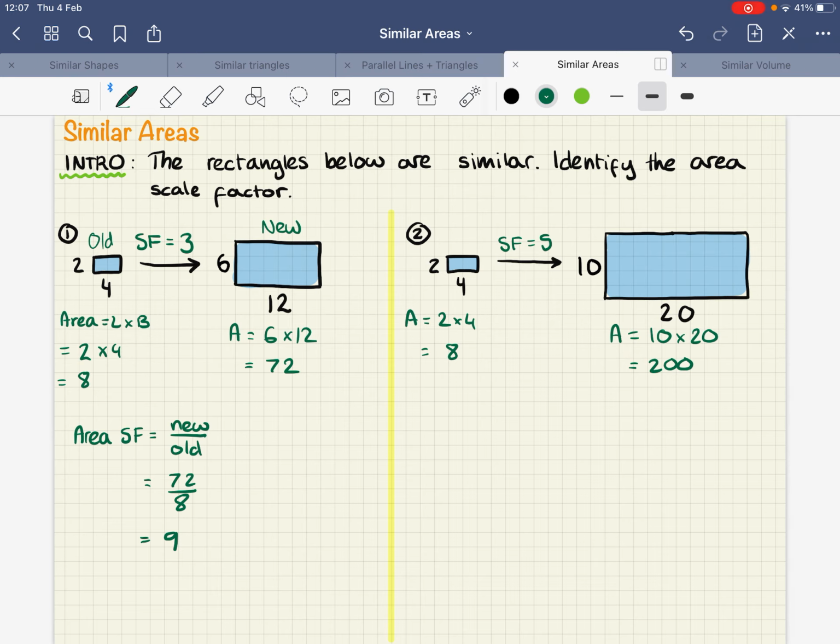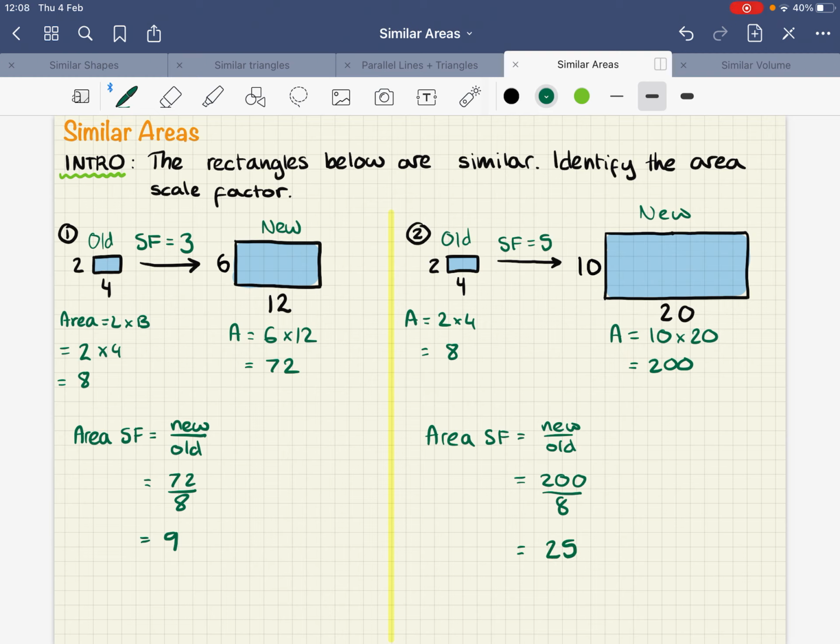So then, I'm going to do my area scale factor. So the new over old. So let's just make that smaller one again, my old one, and this one here, my new. So 200 divided by 8, I'm just going to use a calculator for that. And that's going to give me 25.